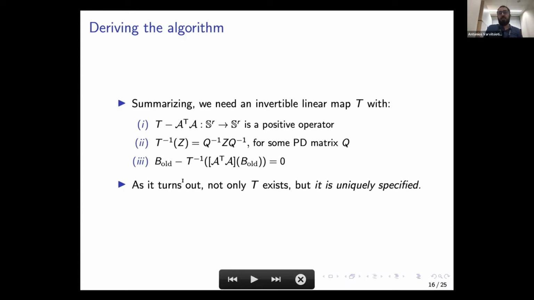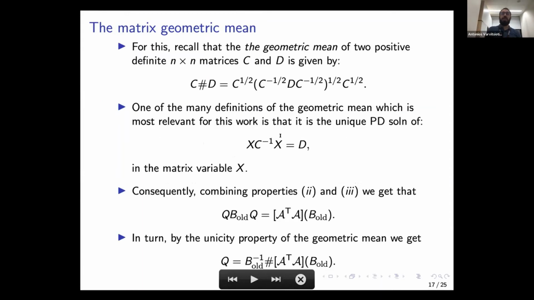As it turns out, not only can you, but it's also uniquely specified, in the sense that this Q here is going to be uniquely specified. That follows essentially by the definition of the matrix geometric mean. Algebraically, if you have two positive definite matrices, this is the matrix geometric mean.